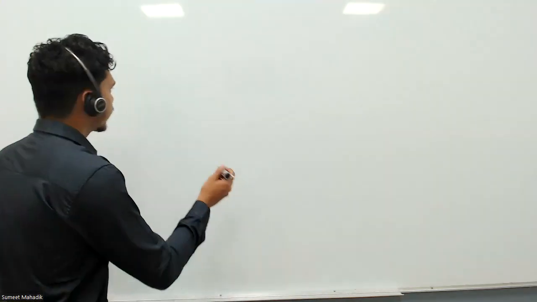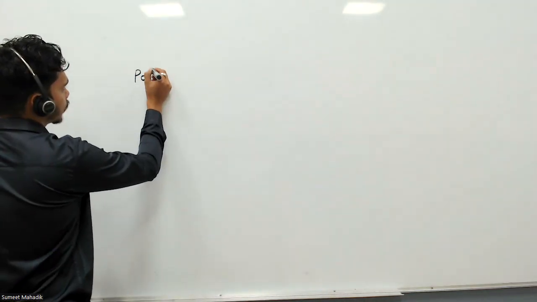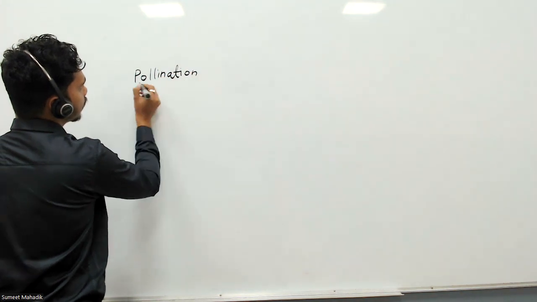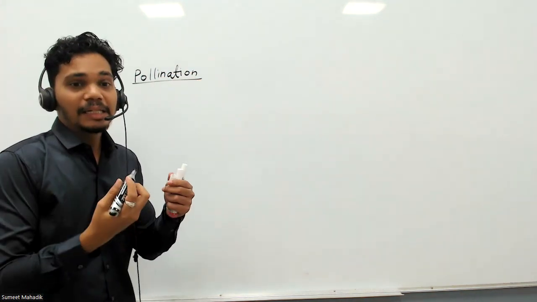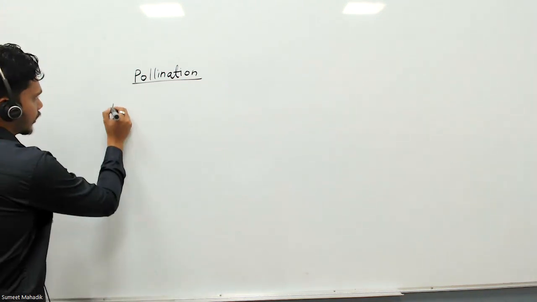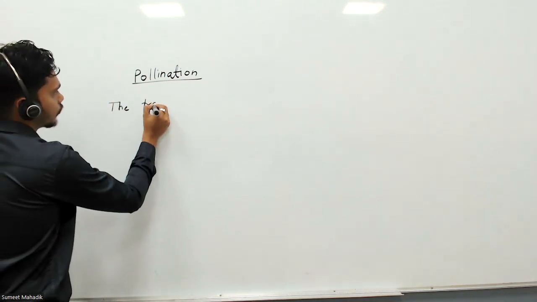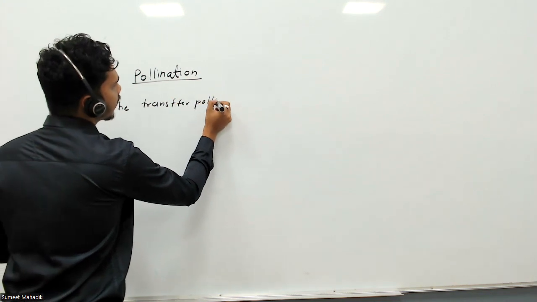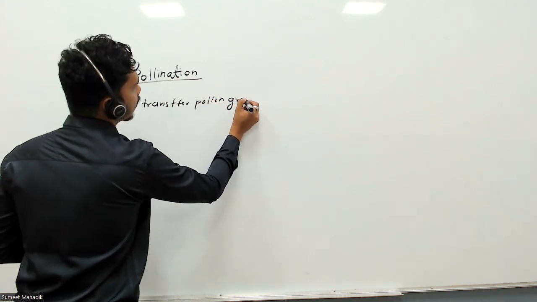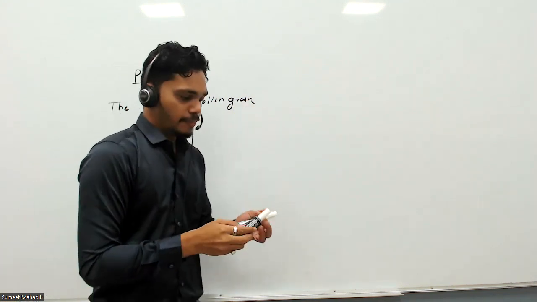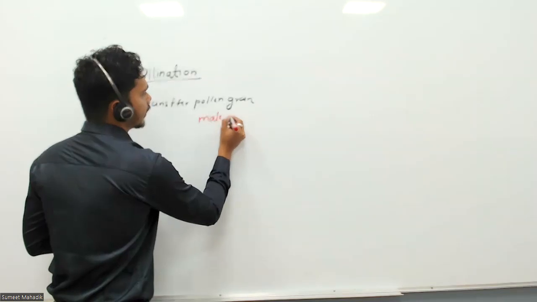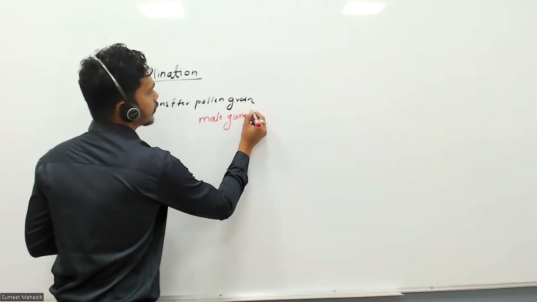So the moment I say pollination, what is pollination? Yes, pollination is nothing but the transfer of the pollen grain. Now, what is pollen grain? Pollen grain is nothing but the male gametophyte, the male gamete in plants.